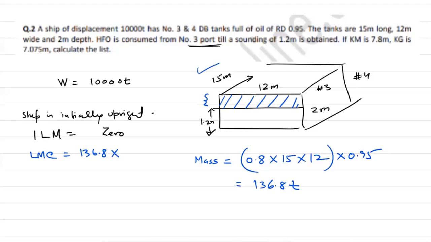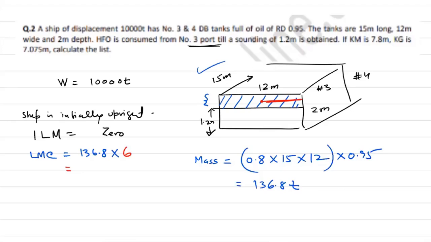The length is this 15 meter, right? Width is 12 meter. So what is the distance? Tell me. Sir, center line. The distance will be center line, 6 meters. Should not get so confused.